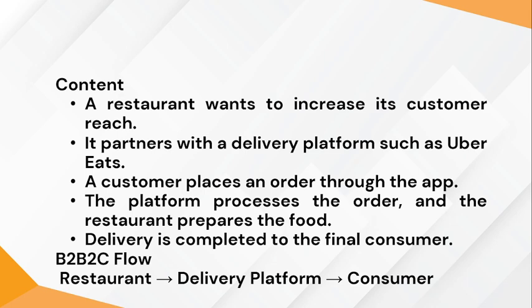The customer places an order through the app, the platform processes the order, and the restaurant prepares the food. This is the complete chain, which needs very smooth services. Delivery is completed to the final consumer. The flow is: the restaurant, the delivery platform, and the consumer.